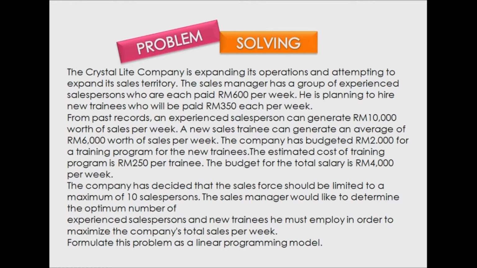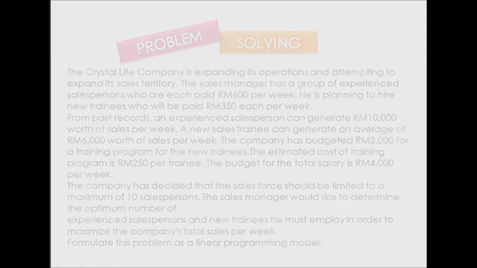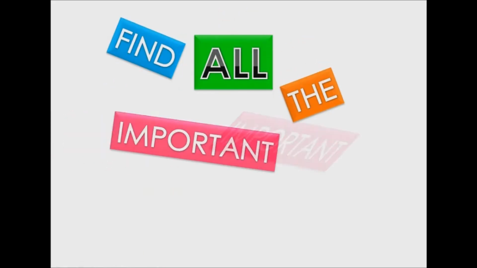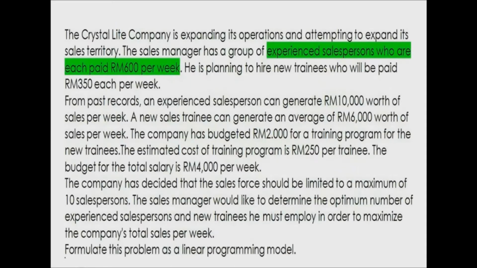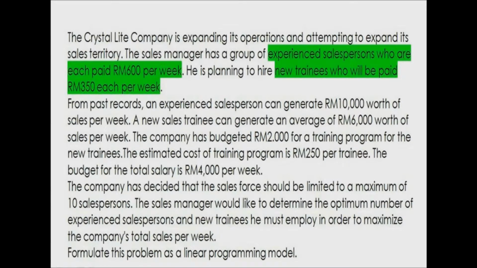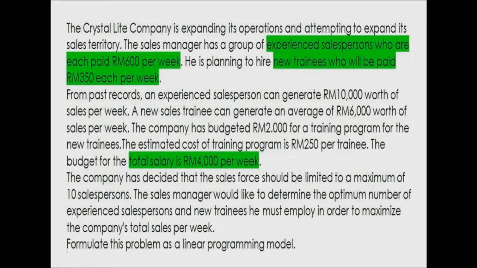First, what we have to do is to find all the important information. The highlighted sentences will represent the objective and the constraints. The sentence with the green highlight represents constraint 1.